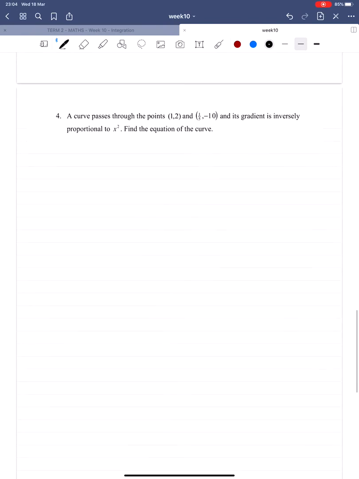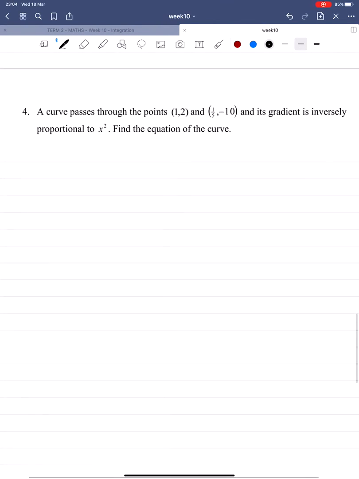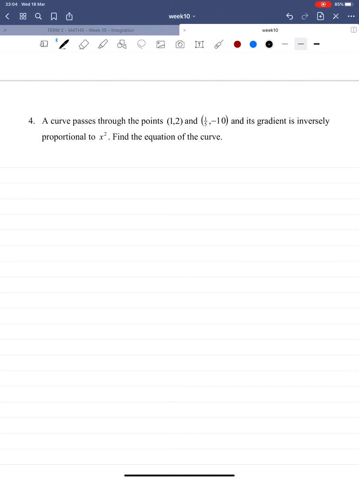4. A curve passes through some points. Okay. How easy is this sketch to do? So x has 1 and a fifth, which means my y-axis is about there. Y goes from 2 to minus 10. So let's say this is 2, this is minus 10, this is 0, so this is y, x.